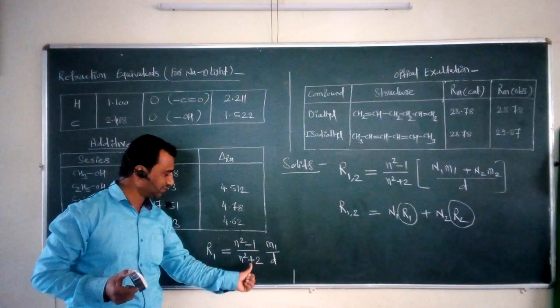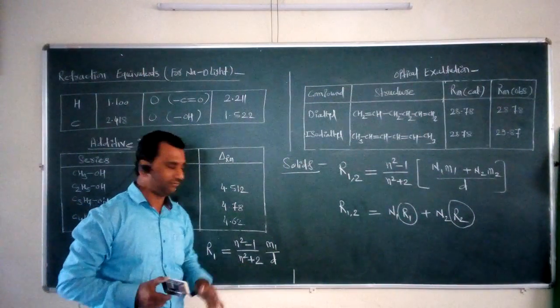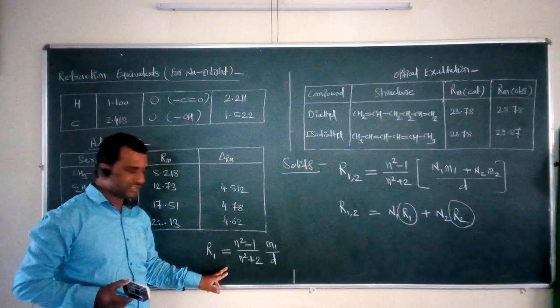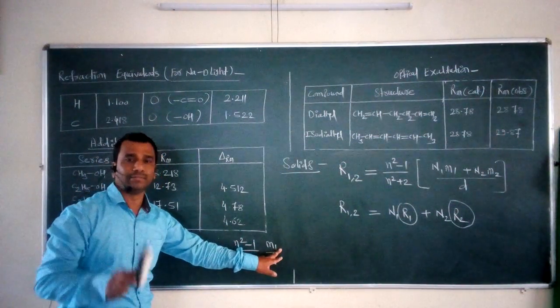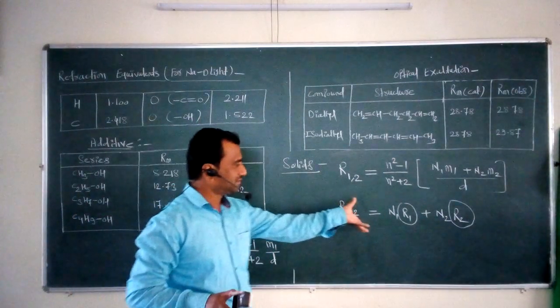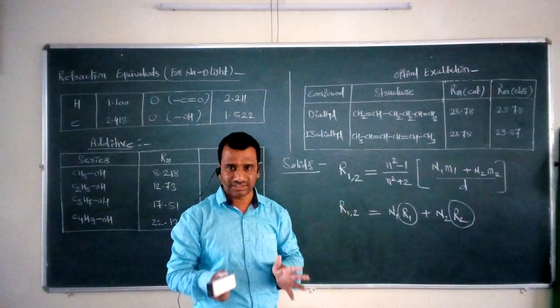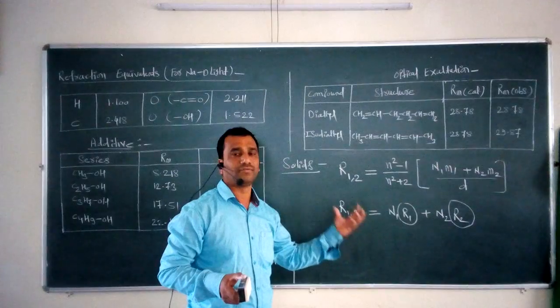In the same way, R2 is equal to n square minus 1 upon n square plus 2 into, instead of M1, M2 divided by D. So this is the relationship between the molar refraction of a solution and that of the solute and solvent.